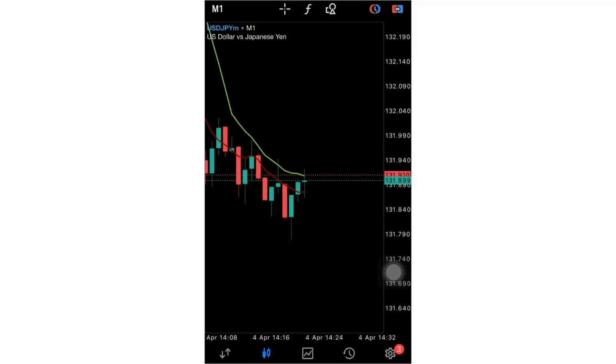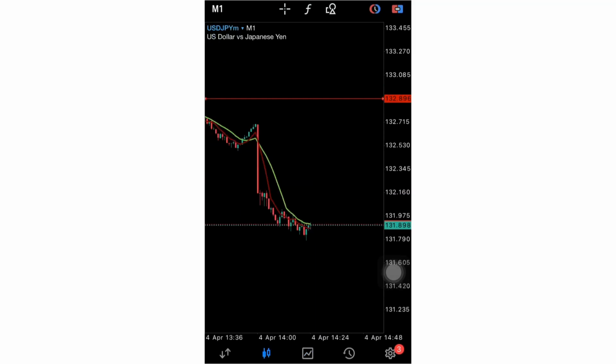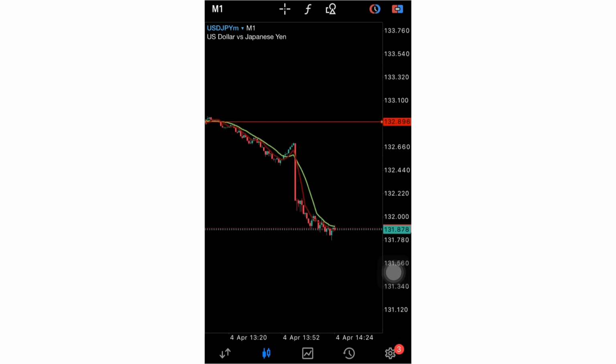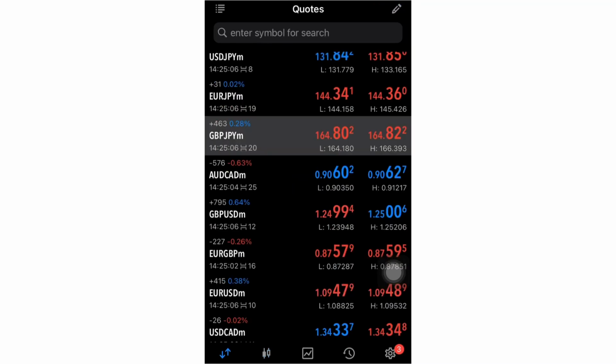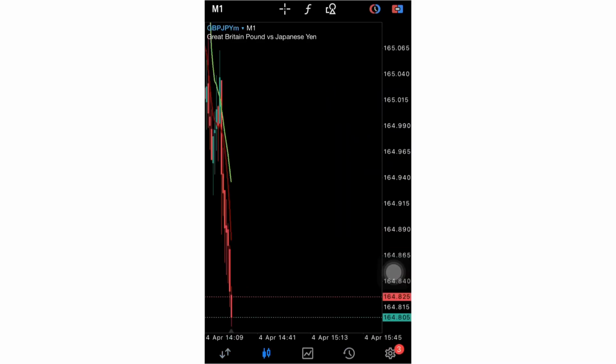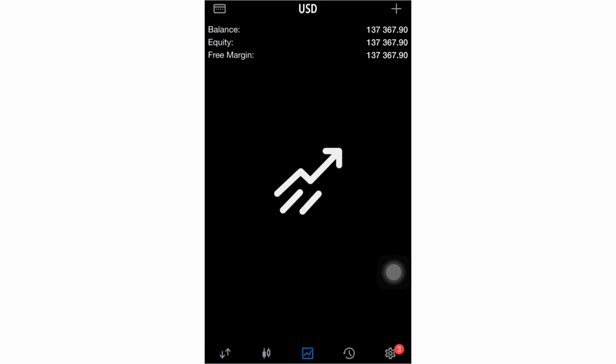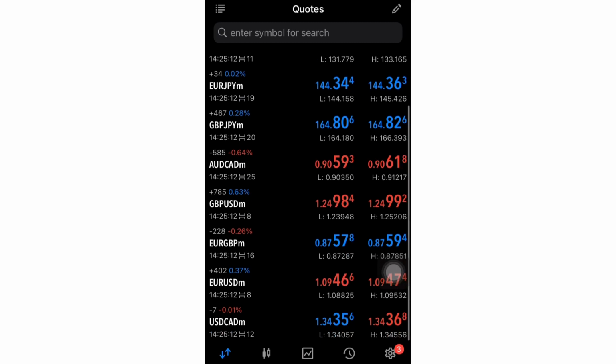So guys, before we move further, I want to show you something quickly. Hold on. I just cut at this chart. I don't know what's up. It's USDJPY like that.